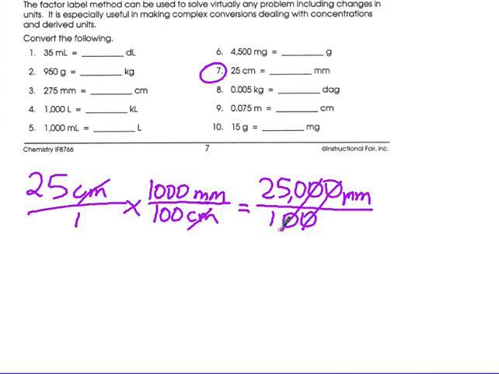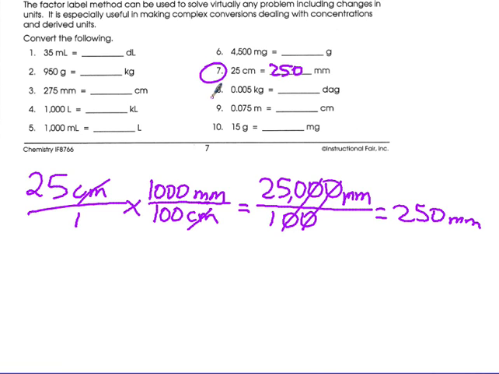The zeros cancel. We're left with 250 millimeters. And that makes sense because you guys have been measuring with the meter stick, so you know that millimeters are tinier than a centimeter, so there's more increments when you have millimeters. So it's 250, no decimal because we can only have 2 significant digits.